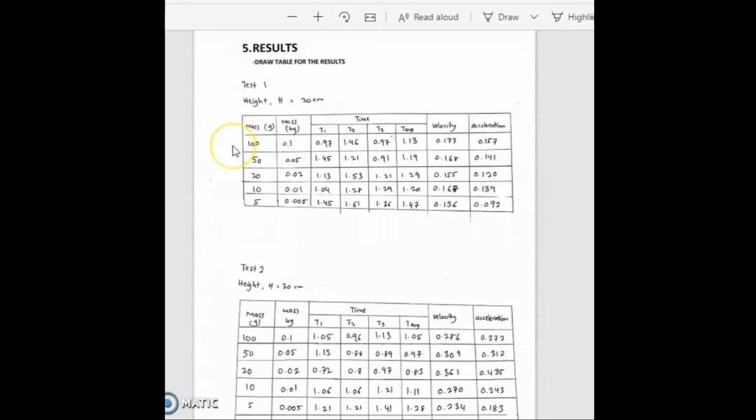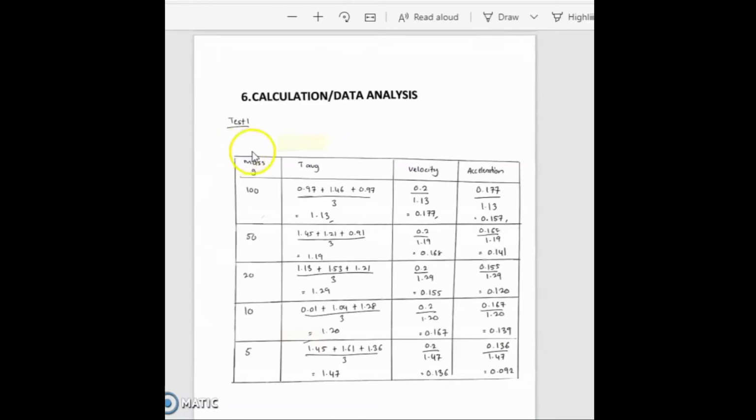For calculation, first we need to get the value of the time average. The formula for time average is time 1 plus time 2 plus time 3 over 3.